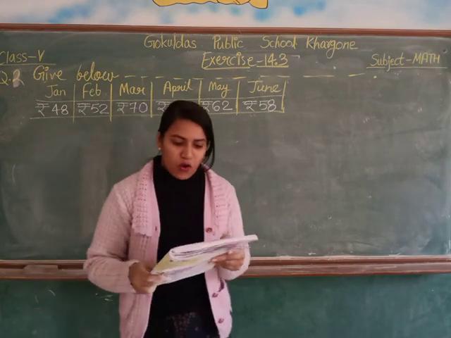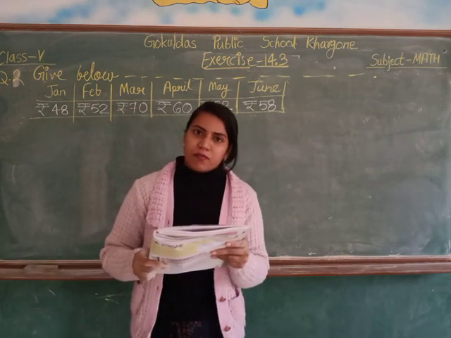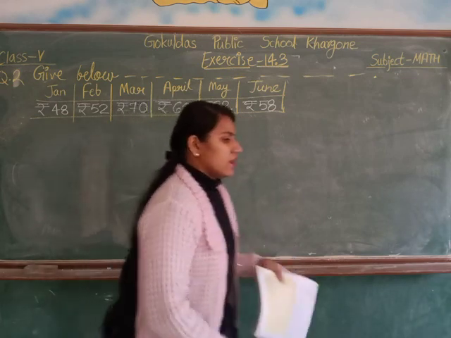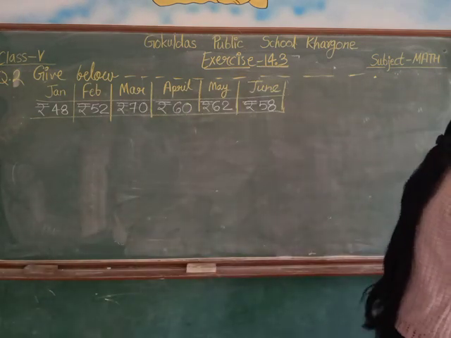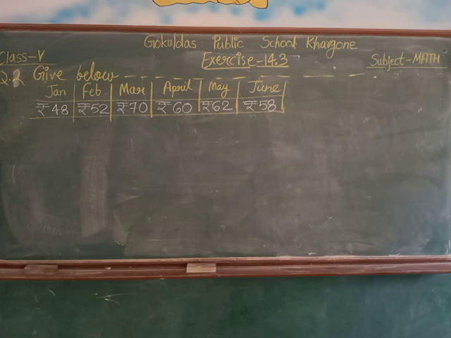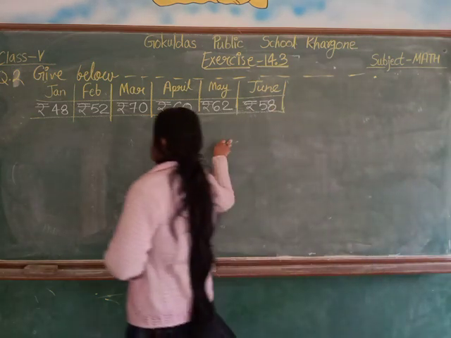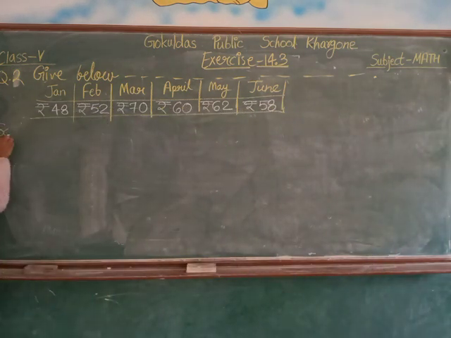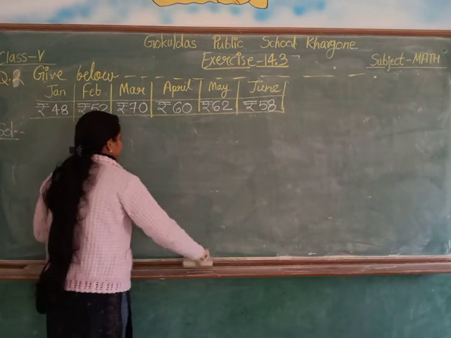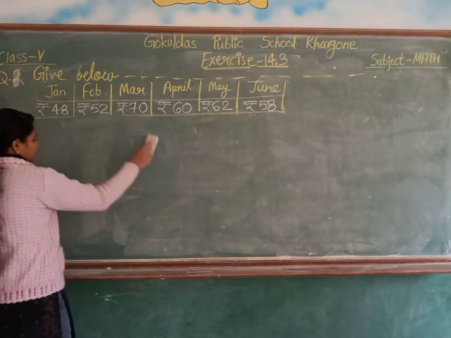Now what is our task? Our task is to draw a line graph for the above data. So for drawing the line graph, what are the first few basic things we will write on the graph paper? We will write the title first. So what is this data showing?